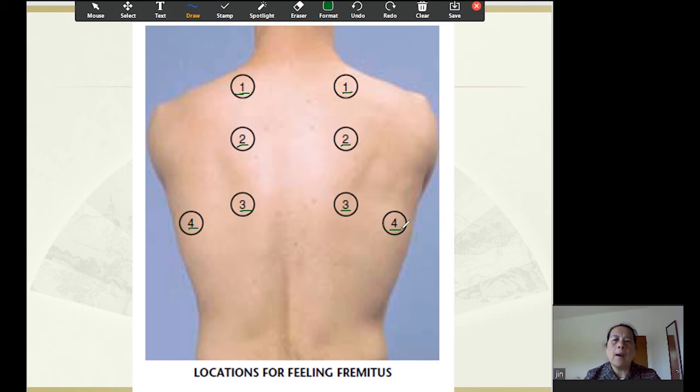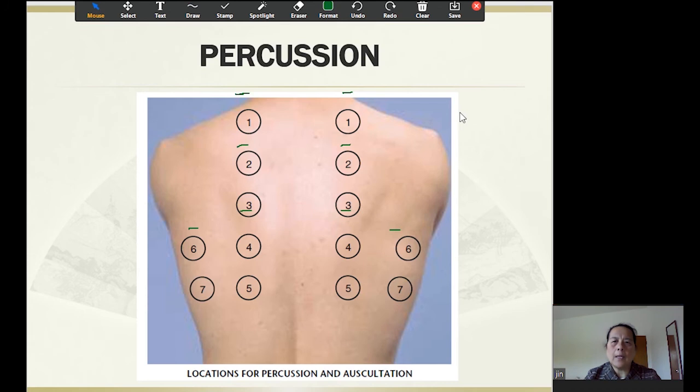Both sides the same is basically normal. The strength also depends on how big the patient is, the muscles. So the same patient, both sides the same will be normal. That's the second way of palpation.